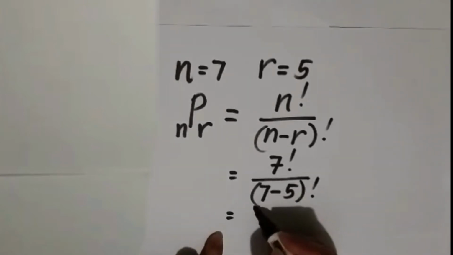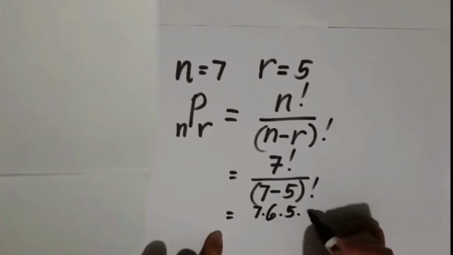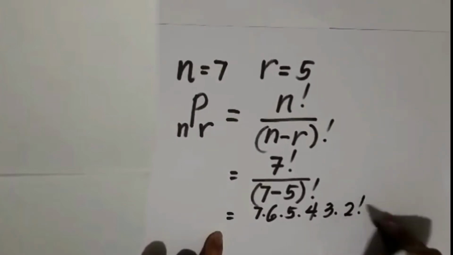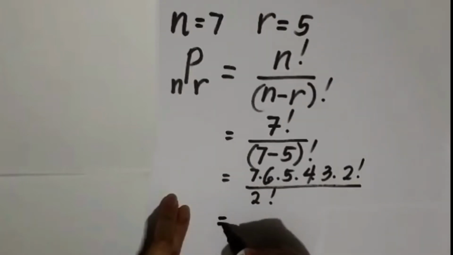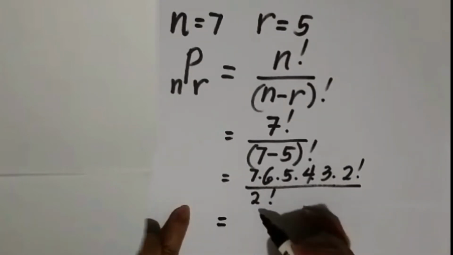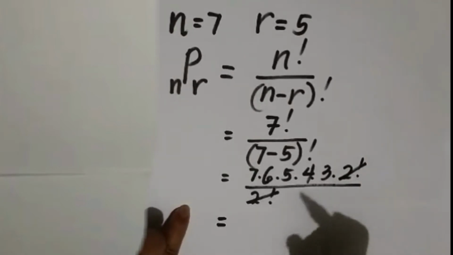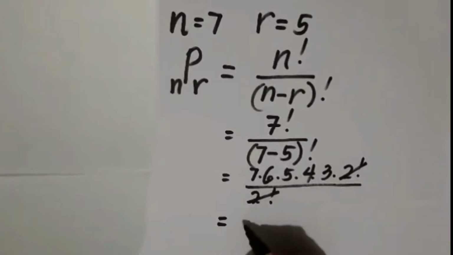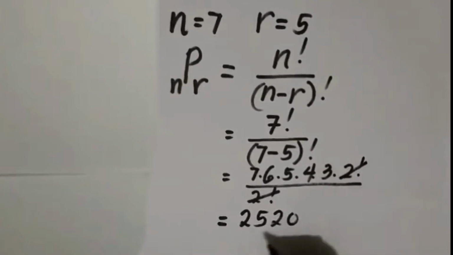Expanding, we have 7 times 6 times 5 times 4 times 3 times 2 factorial over 2 factorial equals, so we can divide out 2 factorial and 2 factorial, that will yield 1. So 7 times 6 times 5 times 4 times 3 will give 2,520 ways.